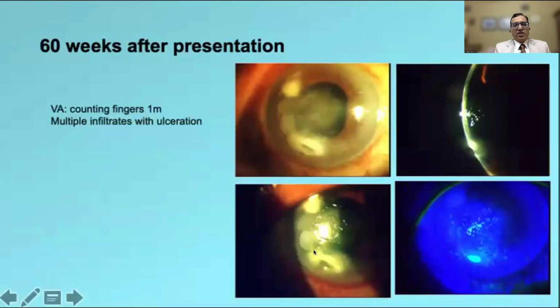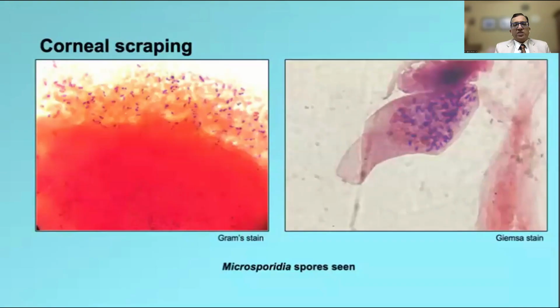So we scraped this bottom part, and in the Gram stain and in Giemsa stain, we found small gram-positive spherical bodies, and these are microsporidia spores. So what we were actually dealing with was not herpes stromal keratitis, but microsporidia keratitis.